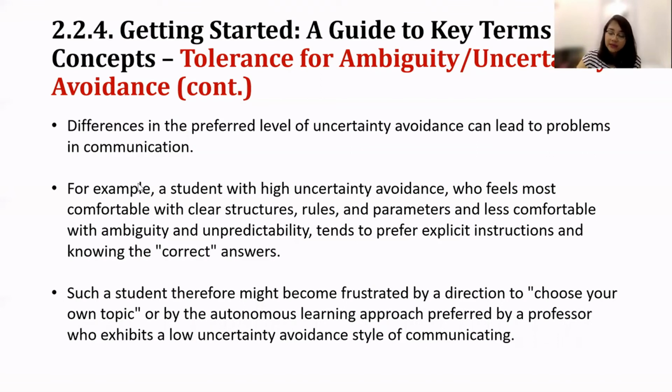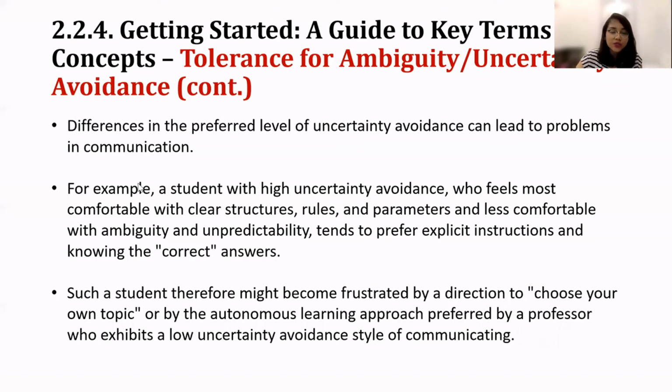So let's say one day you want to be a teaching assistant to students who have high uncertainty avoidance. You need to prepare certainty, right? For example, you are teaching reading or writing.